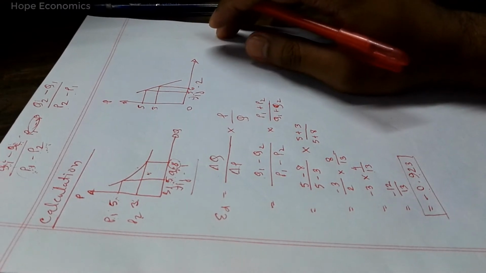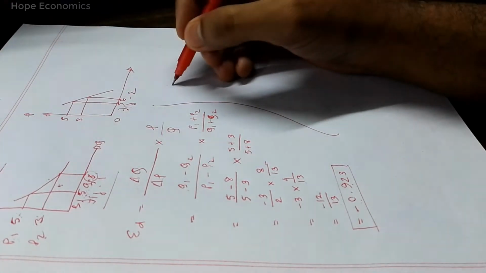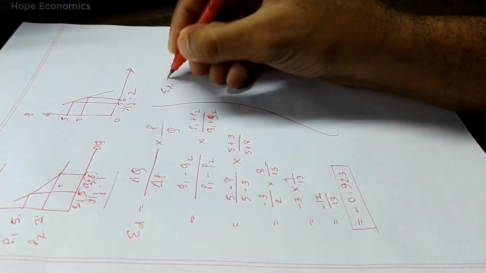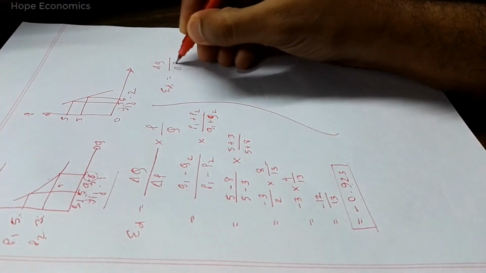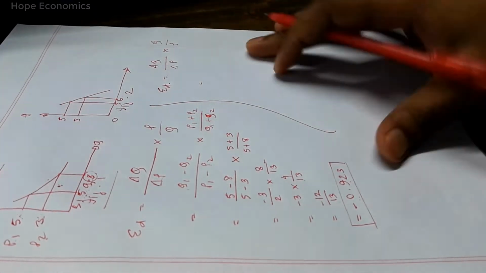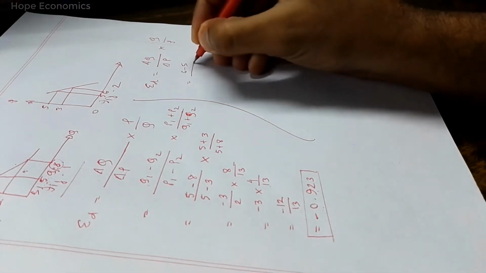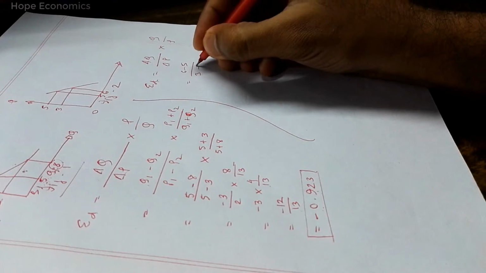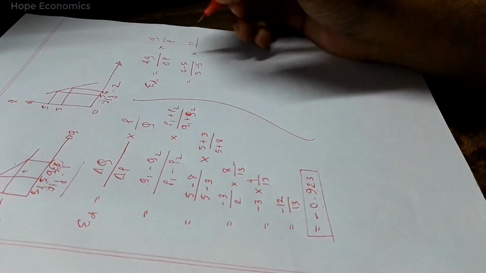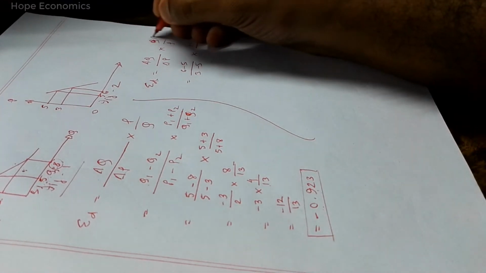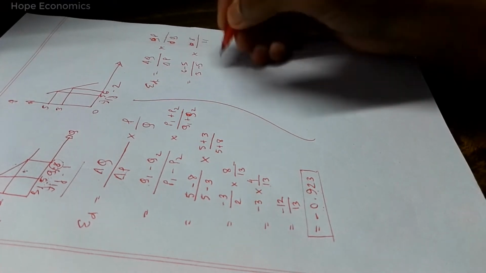So in the second case, find out the elasticity of demand for figure 2. So Q, P, Q, P. I'm doing it directly. Let's see. Del Q is 6 minus 5. Del P is 3 minus 5, into Q is 11, and P is 8 and 11.